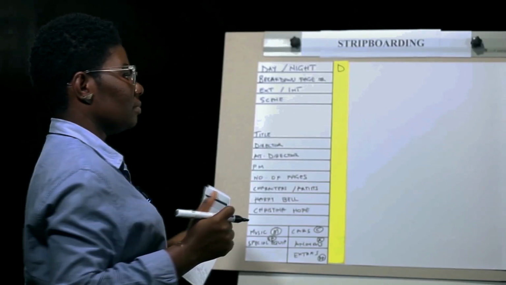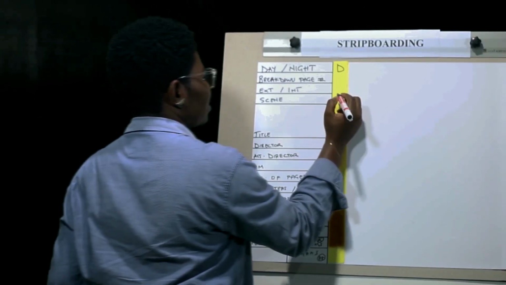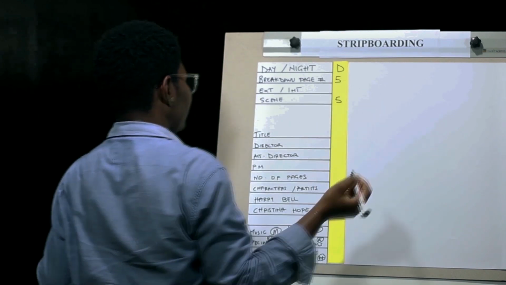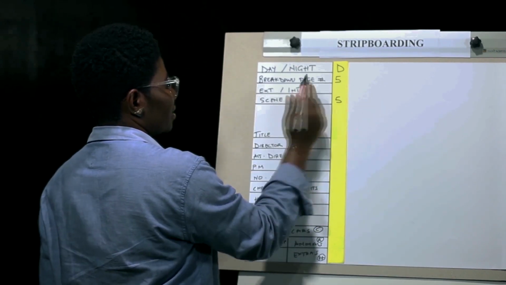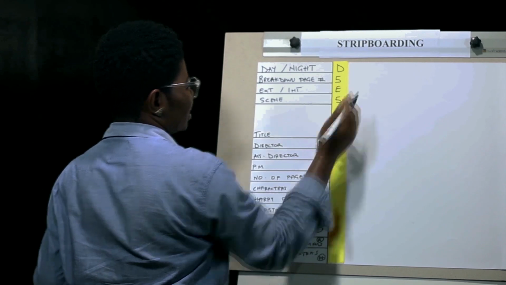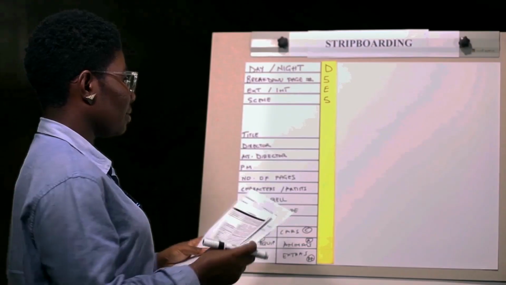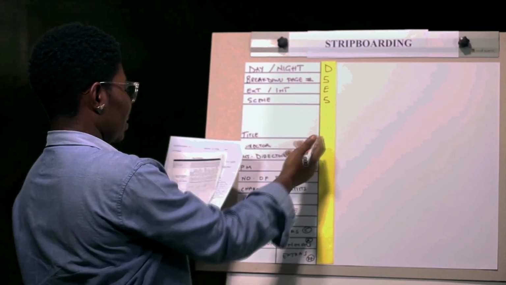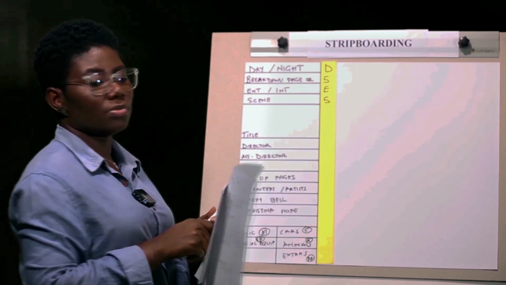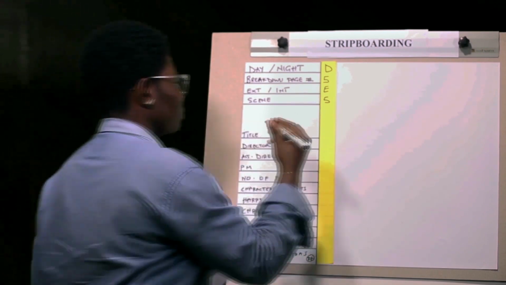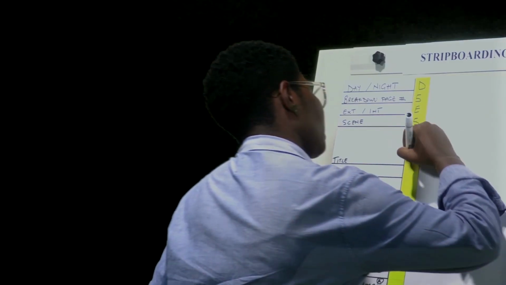So if the number of scene, maybe it's scene 5, the breakdown page number 2 will be scene 5. And then exterior, interior, it's exterior because they're using the yellow strip color coded. Our location for this particular scene is Union Square. So we're gonna put in Union Square over here.